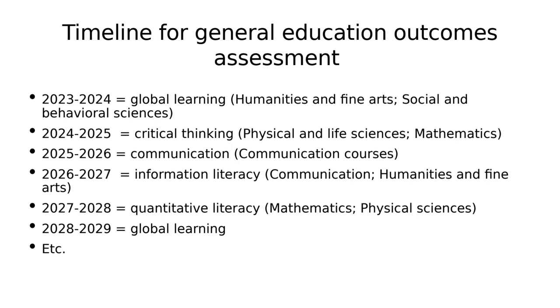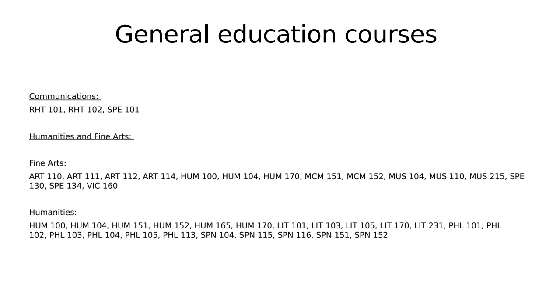So what are the specific general education courses? Well, here they are. For communication, the general education courses will be Rhetoric 101, Rhetoric 102, and Speech 101. When communication is up to be assessed, it'll be these specific courses assessing communication.